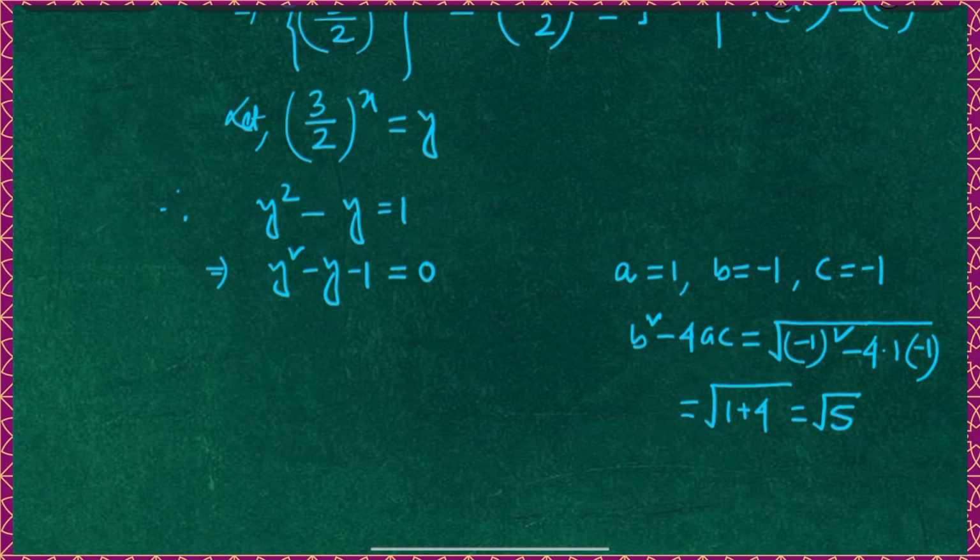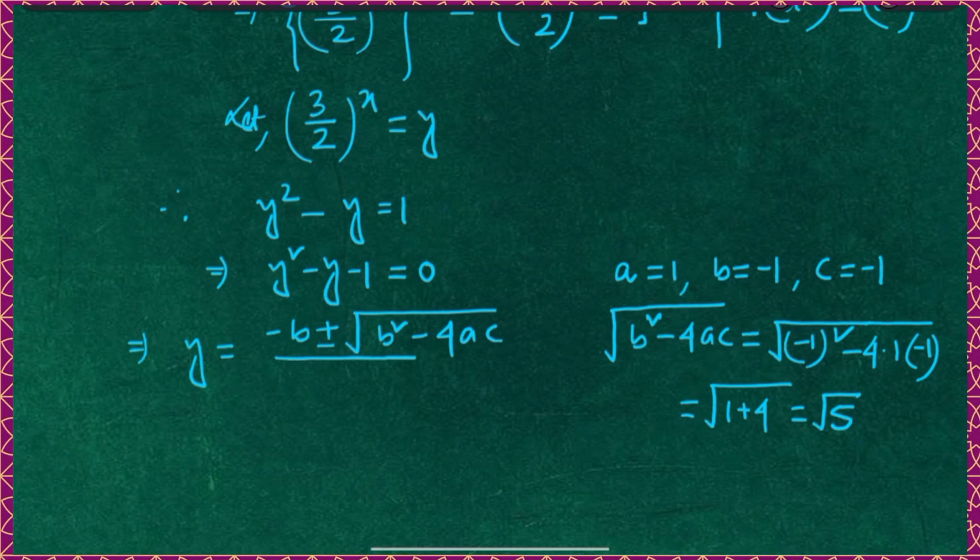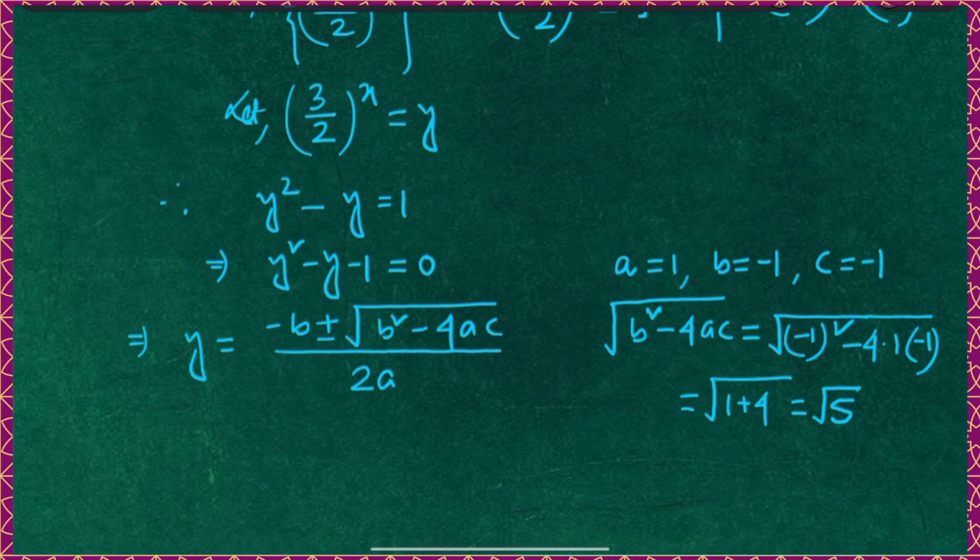So we get the square root of b square minus 4ac equals root 5. So y equals, the formula is minus b plus or minus root over b square minus 4ac, divided by 2a.